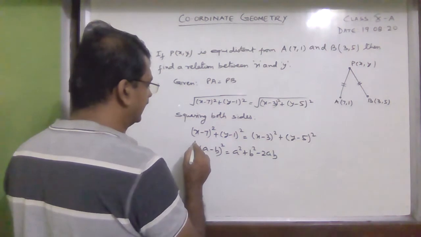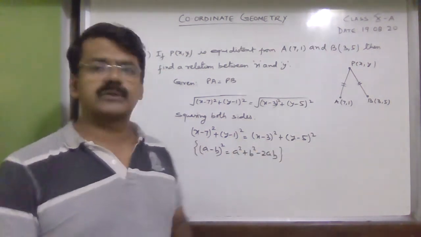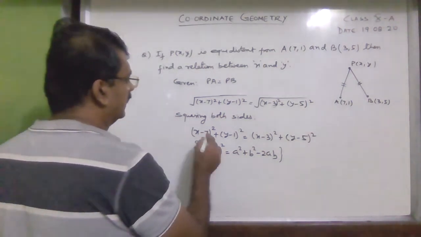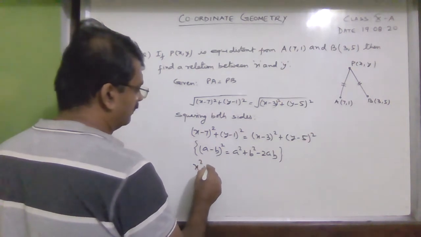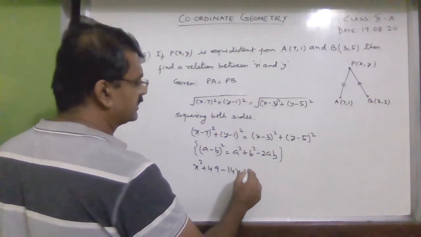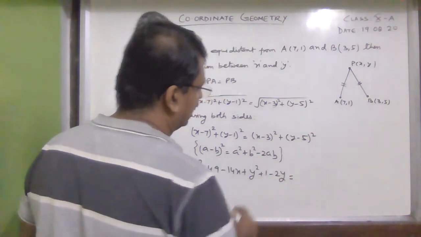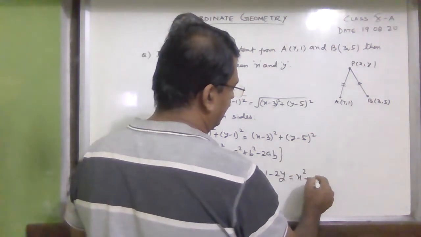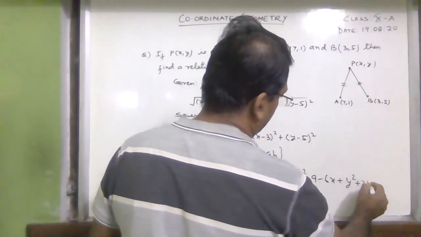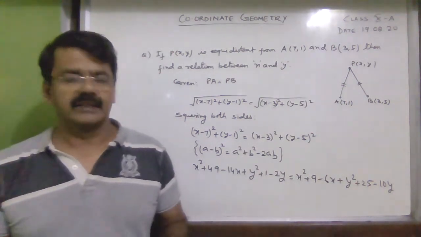That is the identity. Clear? So when we apply it, x square plus 49 minus 14x plus y square plus 1 minus 2y is equal to x square plus 9 minus 6x plus y square plus 25 minus 10y.